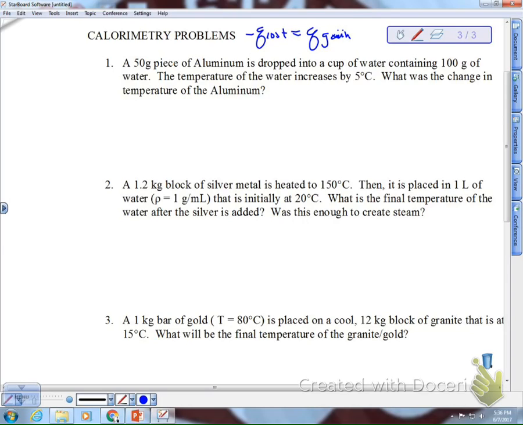So think back to the picture from the other video. If the system is going to lose heat, something else has to gain it. And number one, a 50-gram piece of aluminum is dropped into a cup of water. So when we look at this, the aluminum is going to be our system, and the cup of water can be thought of as the surroundings for this problem. If we do it that way, it'll work out very simply.